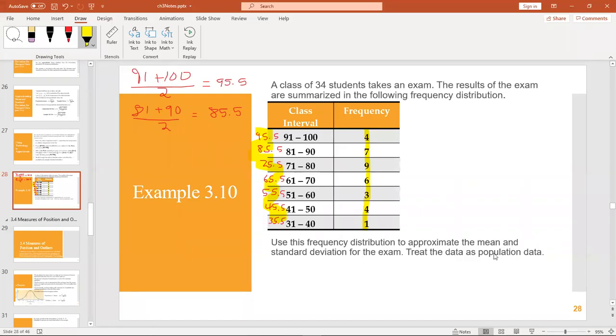Use this to approximate the mean and standard deviation of this exam. And note that they say do population data. So remember that the Greek letters, in this case sigma, is going to be the standard deviation to use for a population.